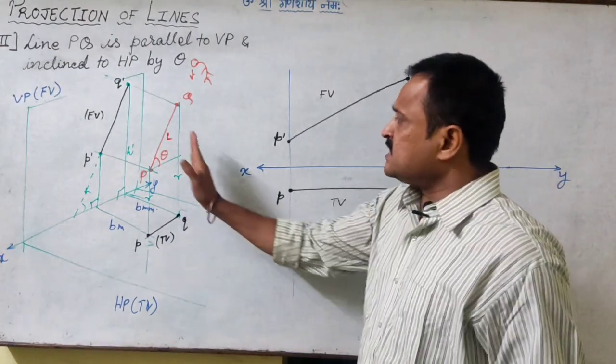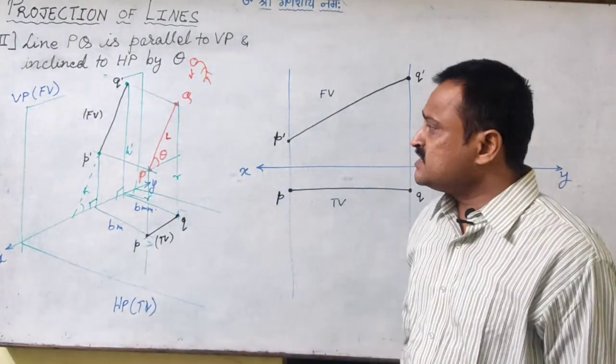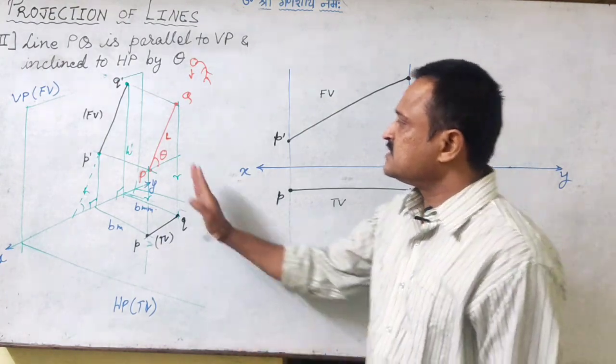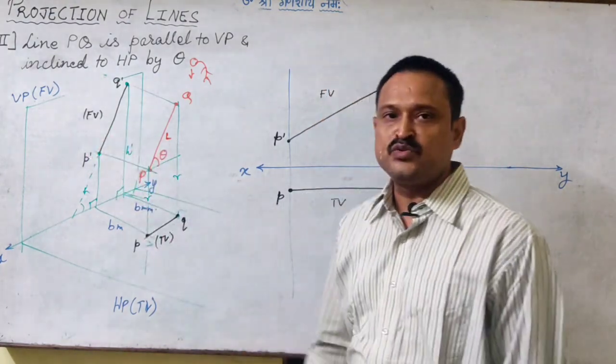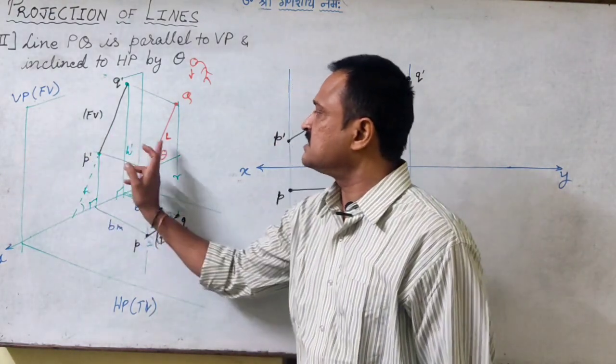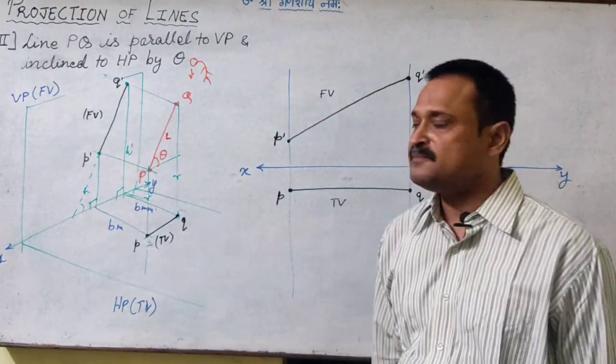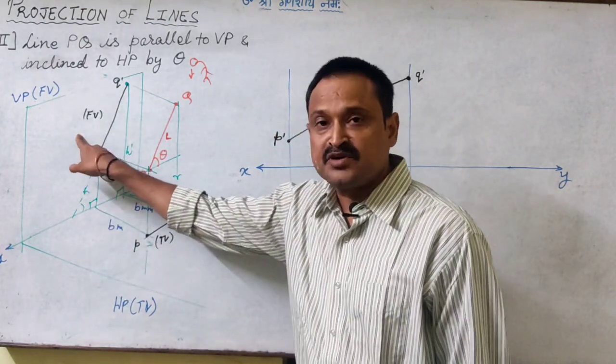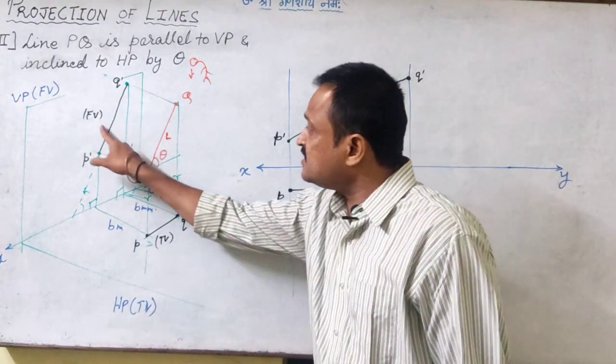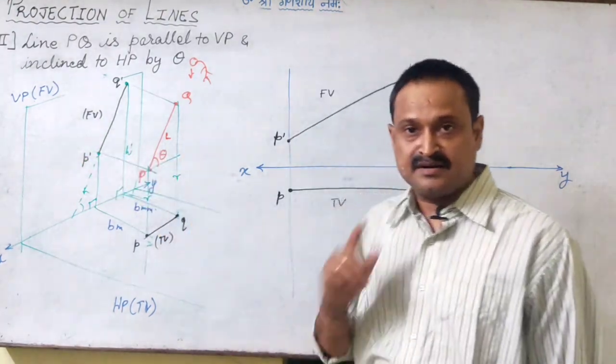Now you need to listen to this carefully. The line is parallel to VP, and the image is on VP. That means the image is also parallel to the line.